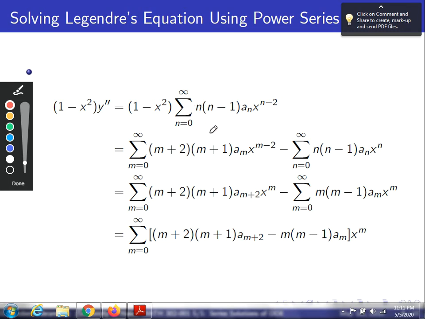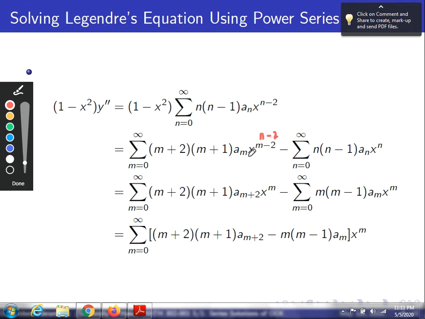Well, this should have been an n, but n is a dummy variable because it doesn't matter what you call it, right? So, okay, this first term really should have just been n times n minus 1 times a sub n times x raised to the n minus 2 power.